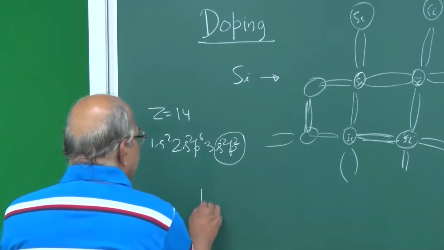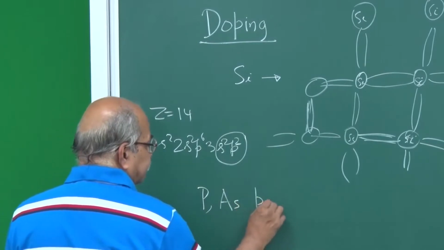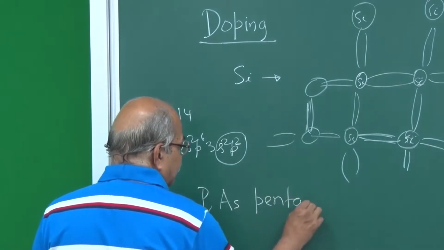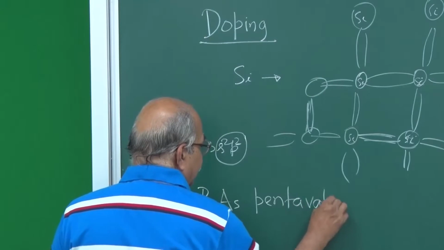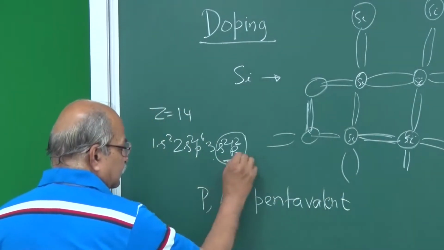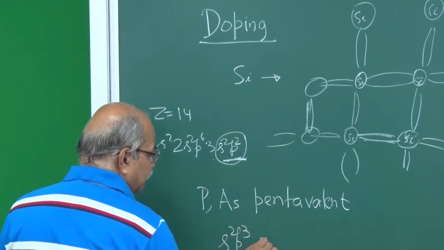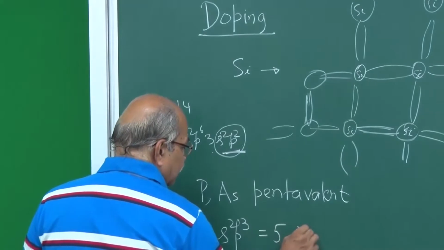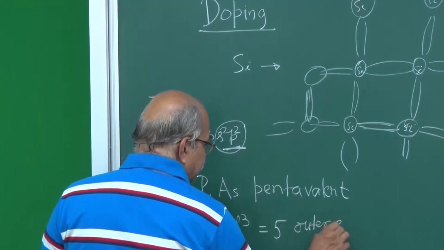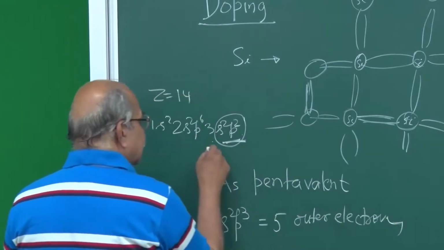So these are pentavalent in the sense that the last shell will be s2p3, so 5 outer electrons. Here in silicon you have 4 outer electrons.